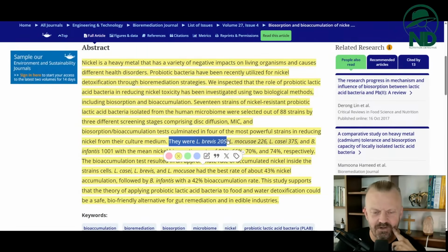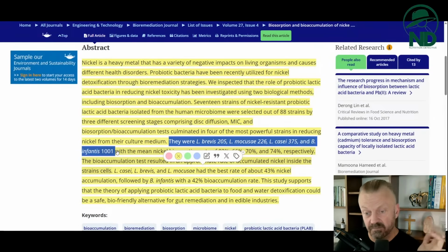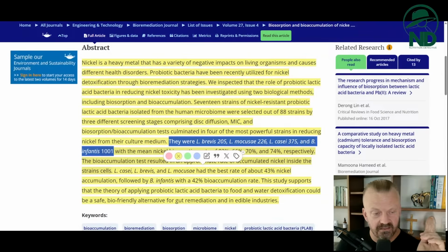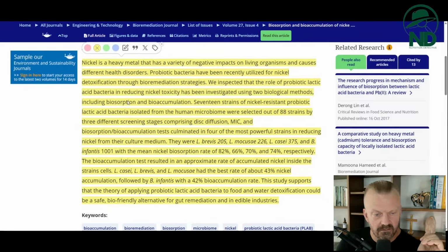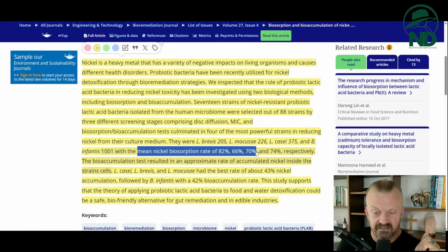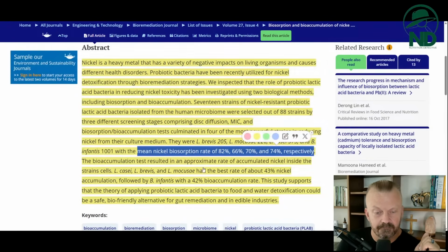They were Lactobacillus brevis 205, Lactobacillus mucosae 226, Lactobacillus casei 375, and Bifidobacterium infantis 1001, with the average nickel biosorption rate of 82%, 66%, 70%, and 74% respectively.